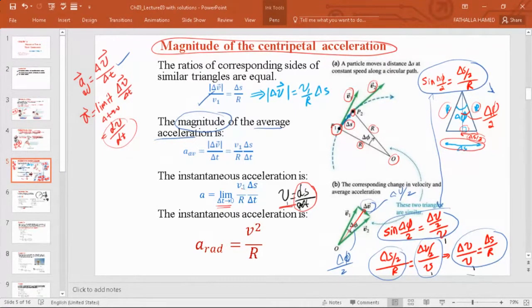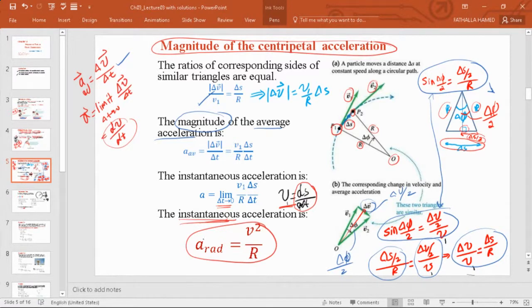So now you have V times V over R, and that will give you V squared over R. So the instantaneous acceleration in this case, and remember, we said that it's a uniform circular motion, meaning my speed is the same, I went through this argument to show you how we can relate these two triangles, and I get the magnitude of my acceleration. It's equal to V squared over R.